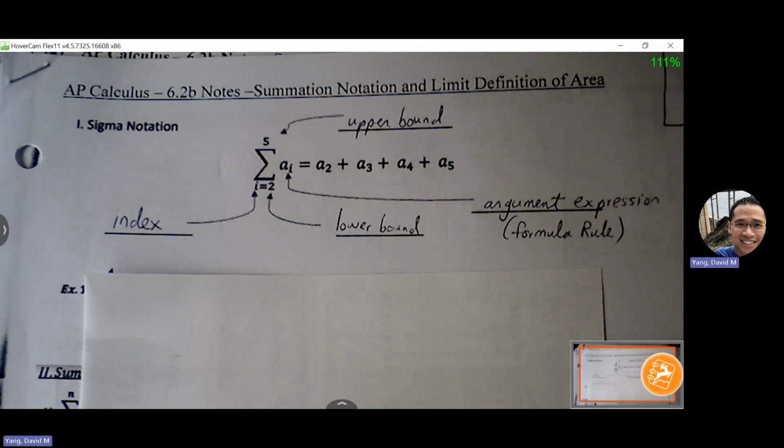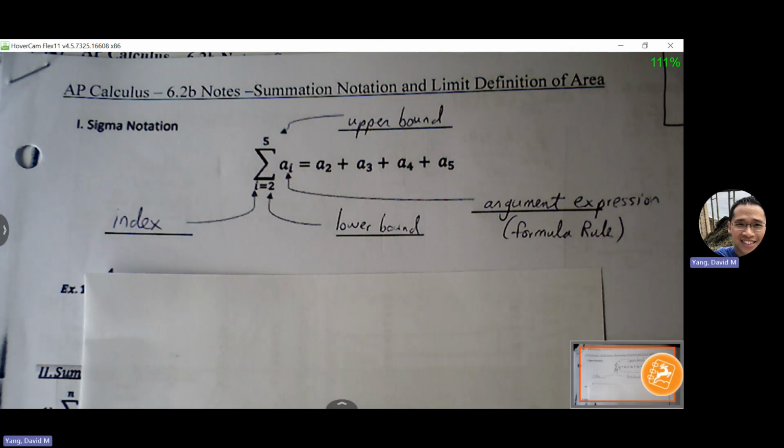Okay, next page. So let me just review a few things with summation notation before we move on to this idea of what it would look like if we were to increase the number of subintervals to infinity. So sigma notation here.